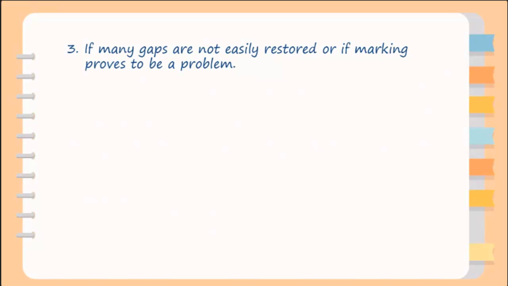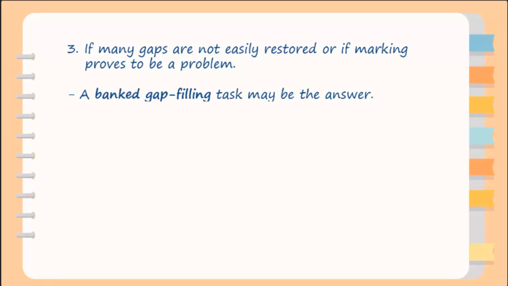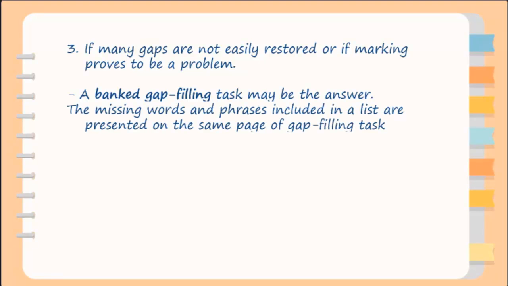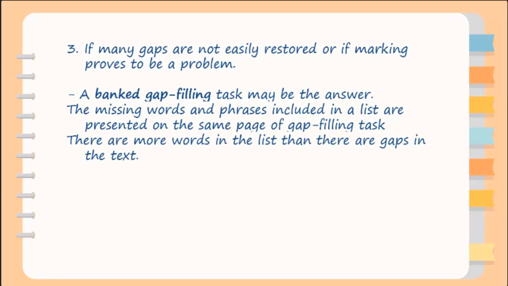The third problem regarding gap filling is that if many gaps are not easy to restore, or if marking proves to be a problem, a banked gap filling test might be the answer. It's like this: the missing words and phrases are in a list presented on the same page as the gap filling test.